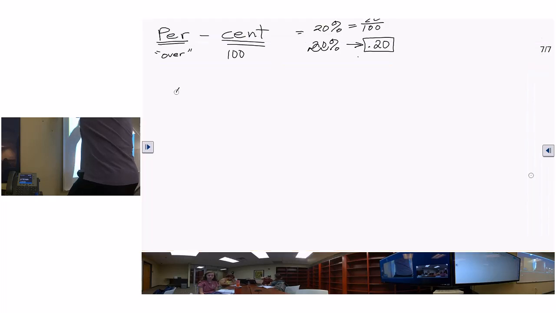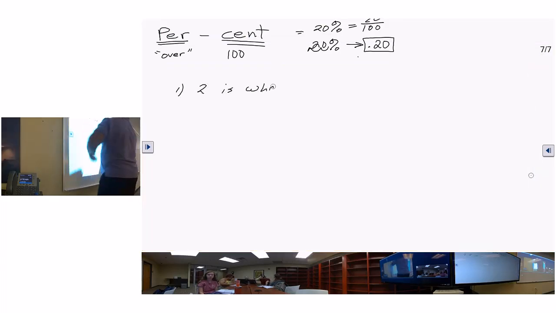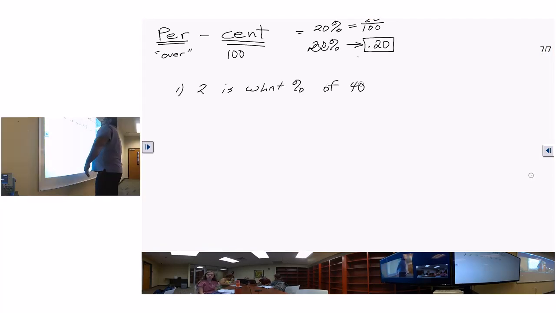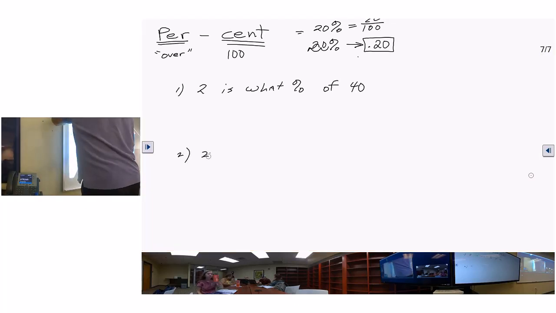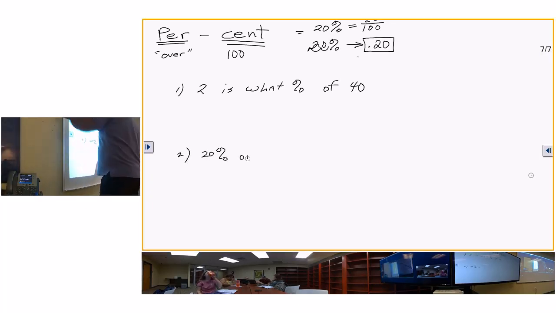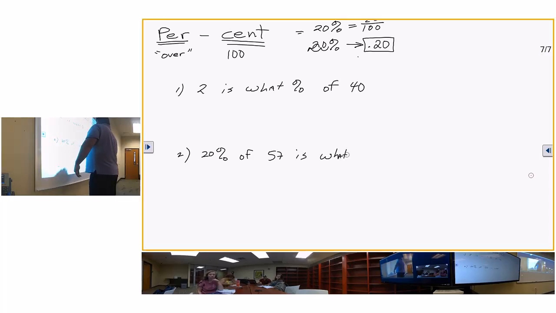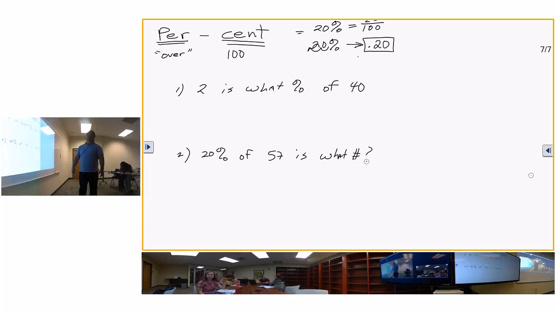Here's one. 2 is what percent of 40? And here's another one. 20% of 57 is what number? These are just what? Sentence questions.